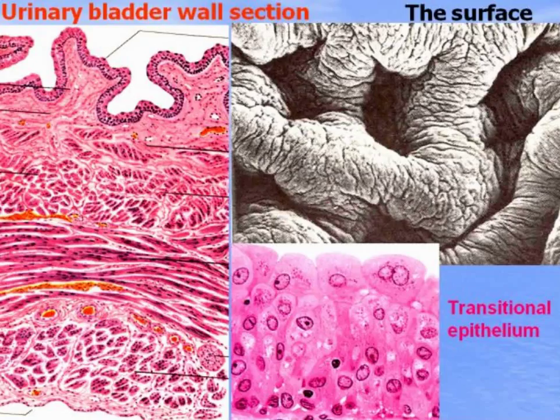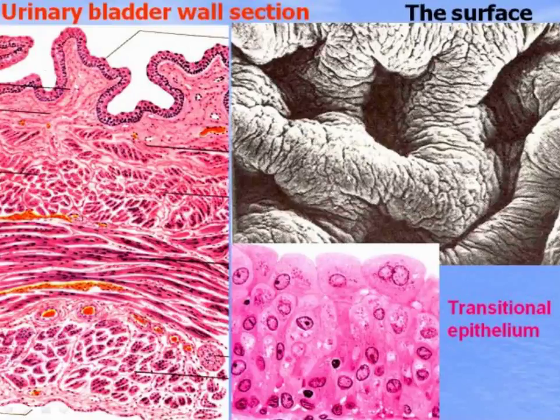The urinary bladder wall has the same plan of structure: mucous membrane, a very thick muscle membrane consisting of 3 layers, and mostly serous membrane outside. The mucous membrane is lined by transitional epithelium.